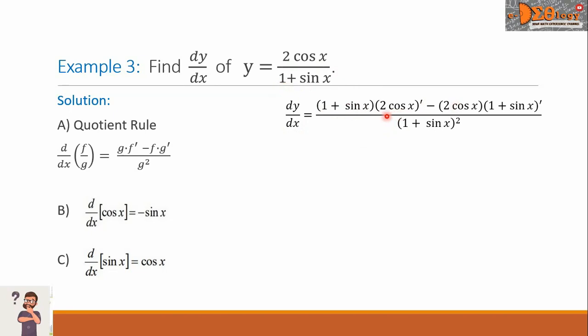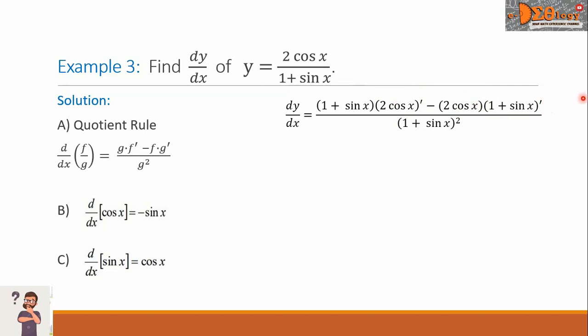So this is 2 cosine x prime. Then minus, we will copy the numerator, 2 cosine x times the derivative of the denominator, 1 plus sine x. That symbol here again shows derivative.